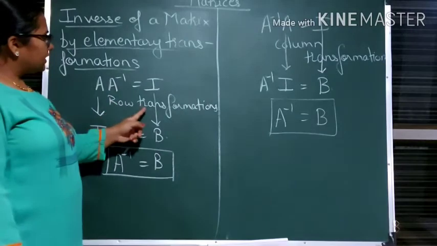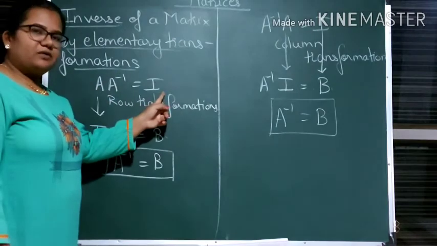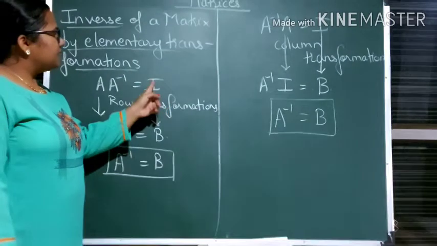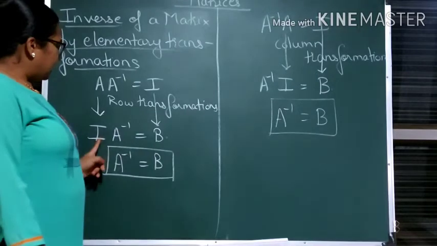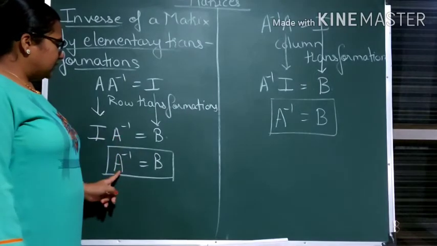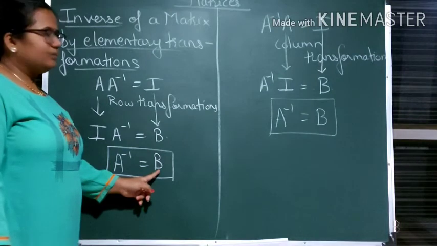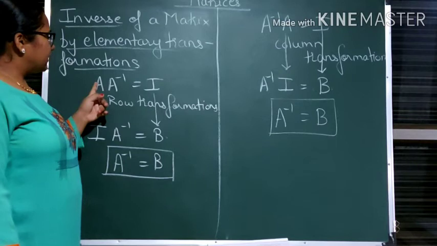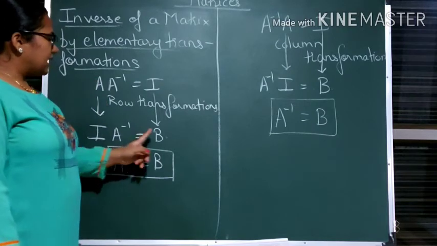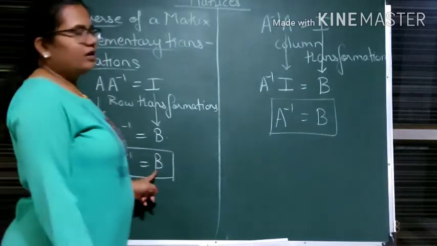Whatever row transformations you apply on this matrix A, apply the same on the RHS on the identity matrix, and this identity matrix will get converted to a new matrix B. Then I into A inverse is equal to A inverse, and so you will get the value of A inverse as the new matrix B. Okay, understood? So apply row transformations on this matrix A, convert it to the identity matrix, and the new matrix so obtained will be equal to the inverse of the matrix.